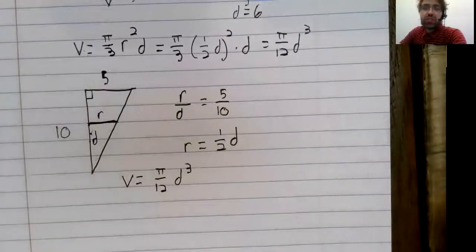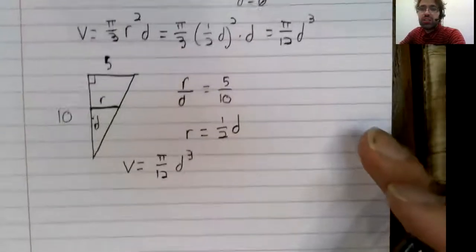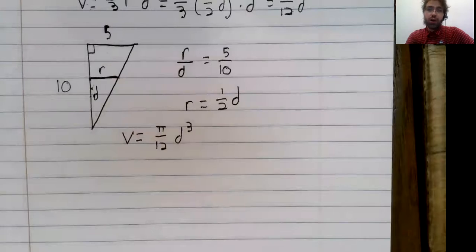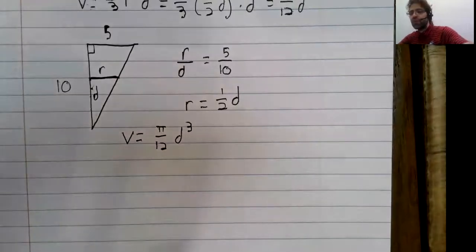And that's just a feature of these related rates problems. You sometimes have to think about them for a long time. There's not really anything you can do about that.